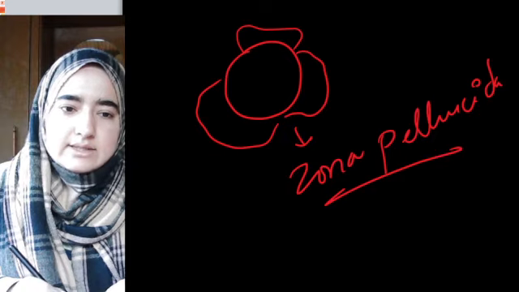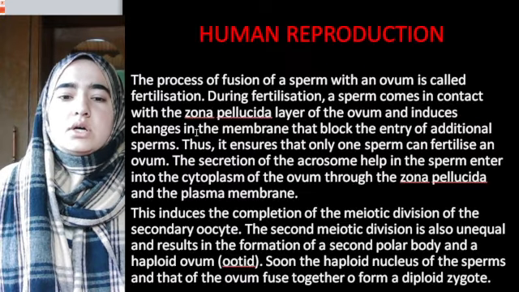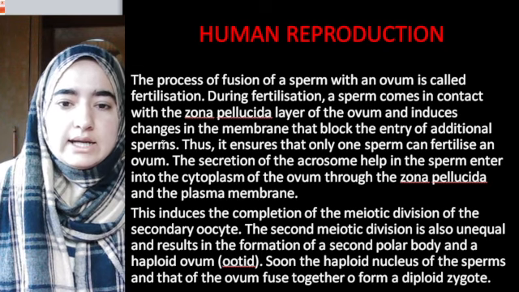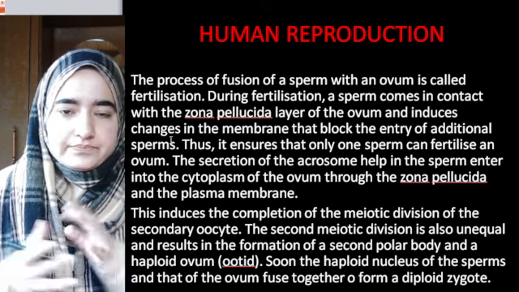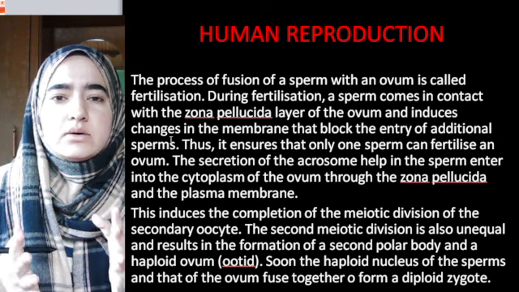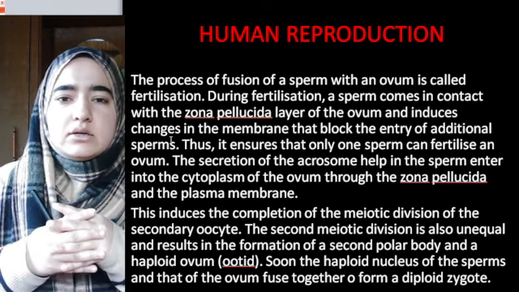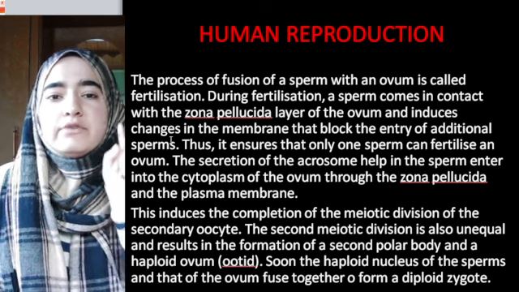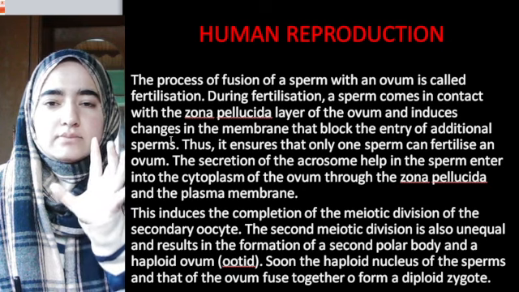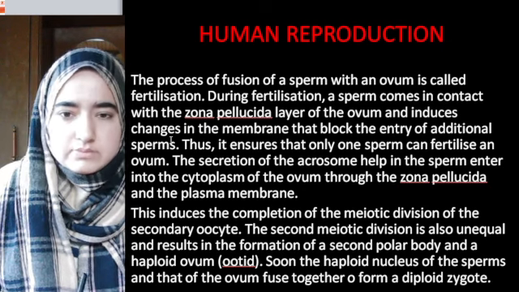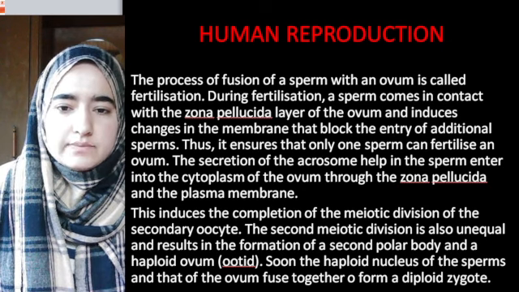The sperm comes in contact with this layer, zona pellucida, and it induces a change in the membrane, due to which additional sperms can't enter inside the ovum. So by this we can conclude that only one sperm can fertilize one ovum at a time, not more than one sperm. I hope this concept is clear.